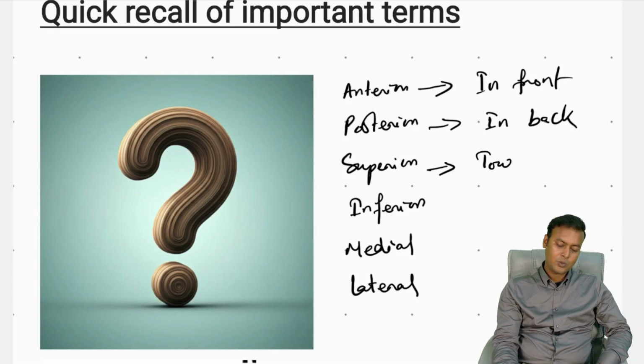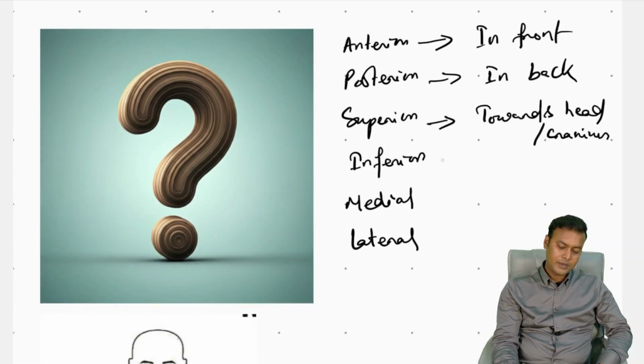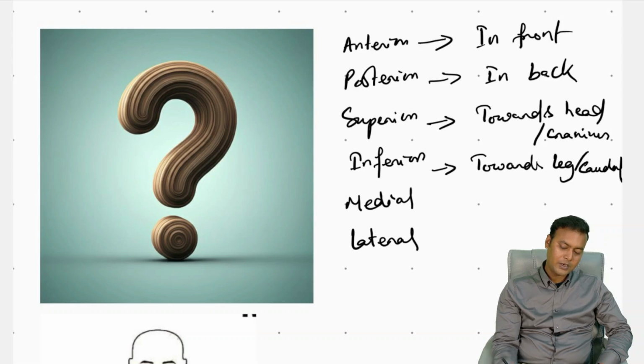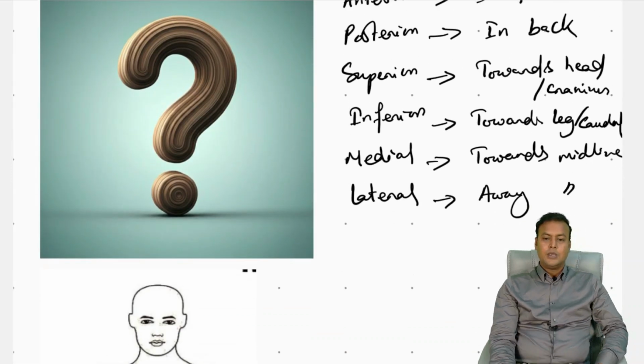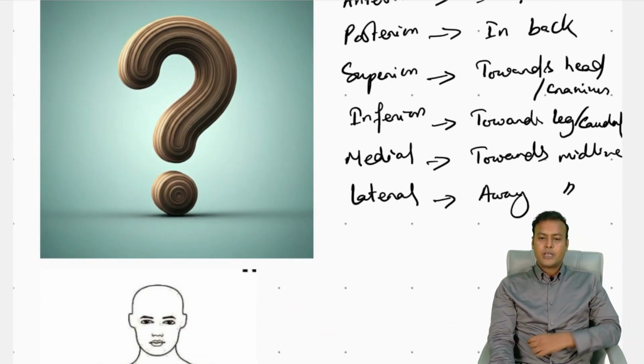Superior, towards the head or the cranium. Inferior, towards the leg or caudal. Medial, towards the midline, and lateral, away from the midline. All right. So these few terms you need to be acquainted with.